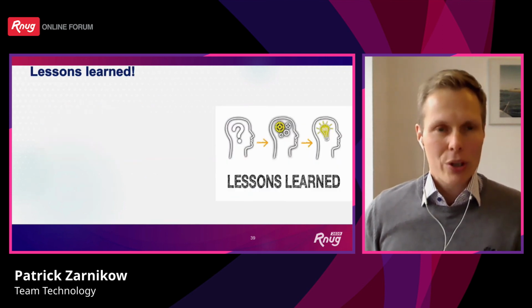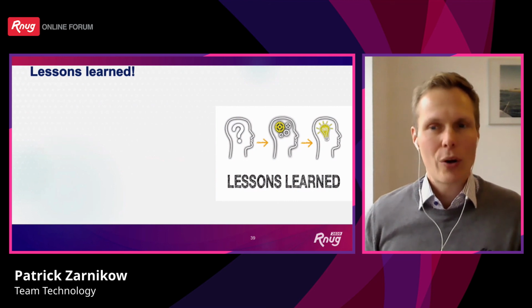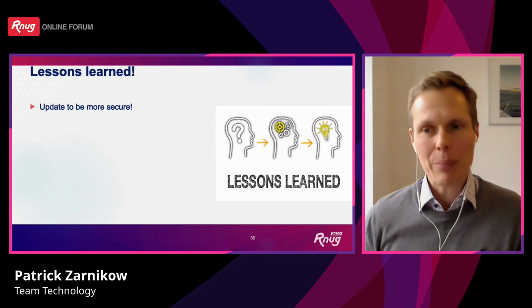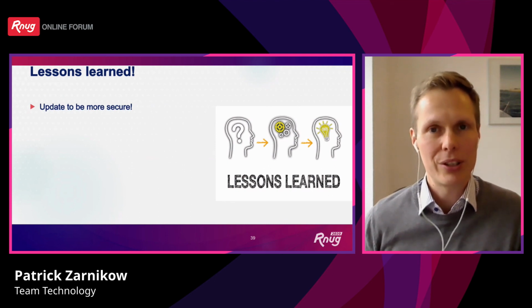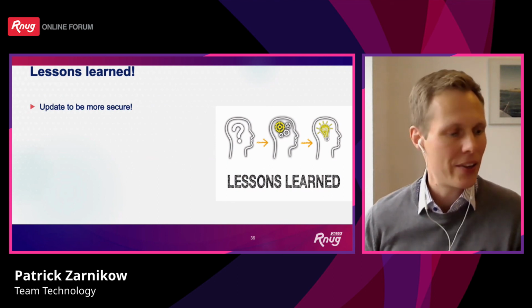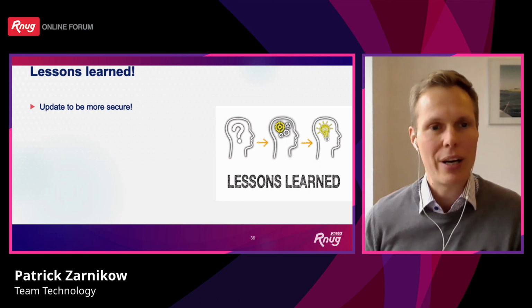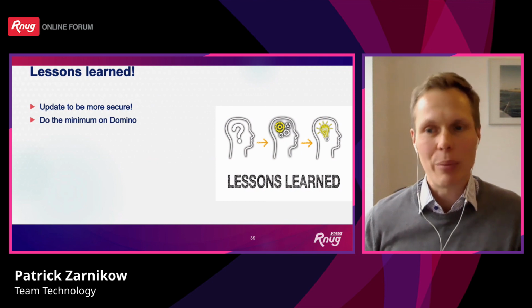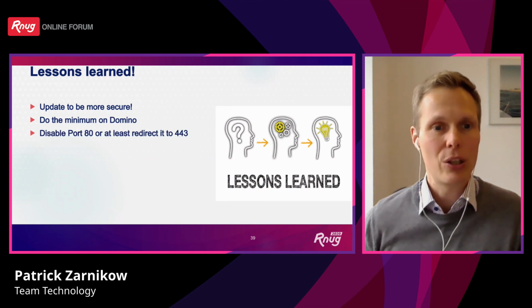So what we have learned today, let's take a quick look and overview what we all have here. Update the server to be more secure. Like anything else, you should see different information out there and have different servers out there. The latest server is mostly the most secure. Do the minimum on the basic Domino settings if you haven't done so.